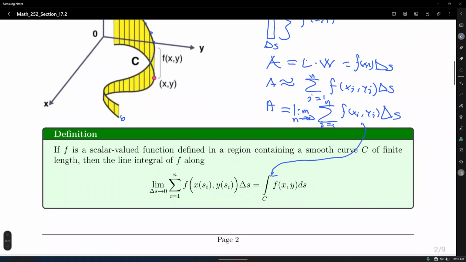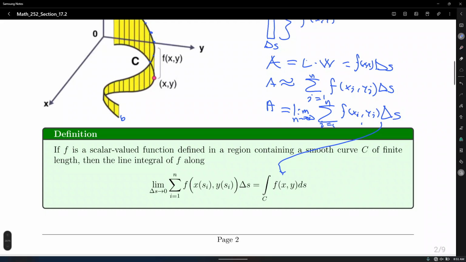And guys, it looks like this. Hold on. Now look at the limits of the integration. Look at the form of this integral. It looks a little weird. It doesn't have limits a to b like the regular integrals we learned back in calculus 1, or a to b, c to d like the double integrals, or a to b, c to d, e to f like a triple integral.